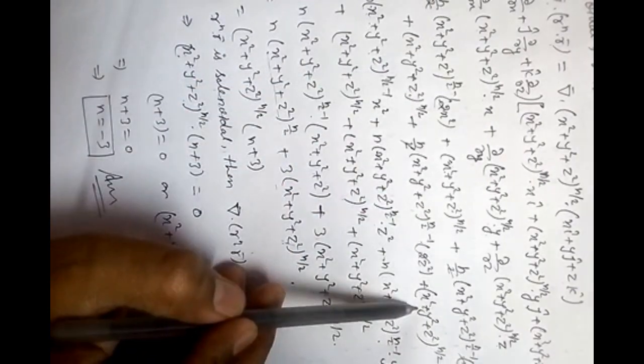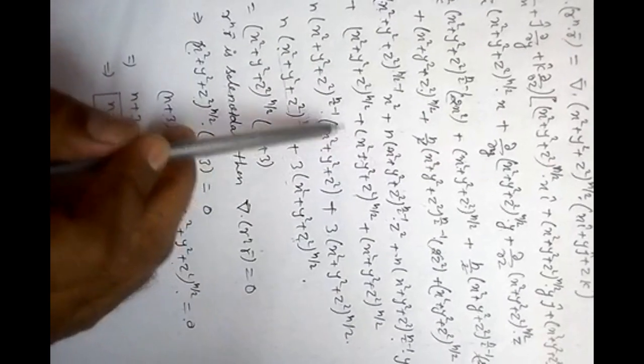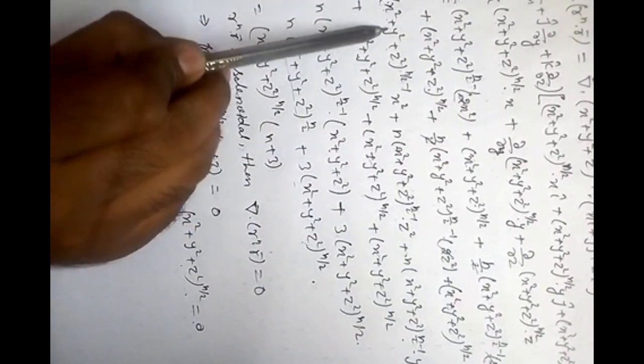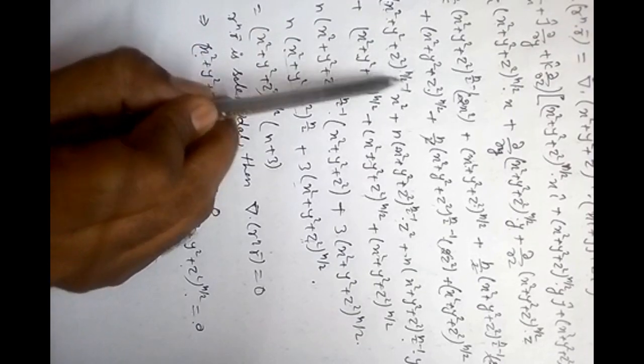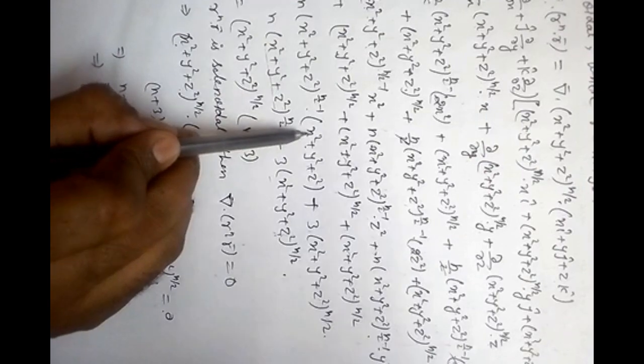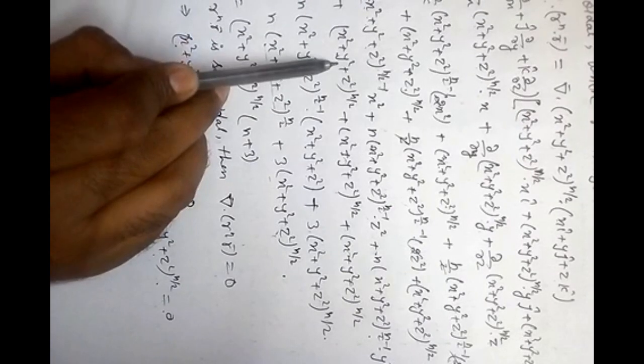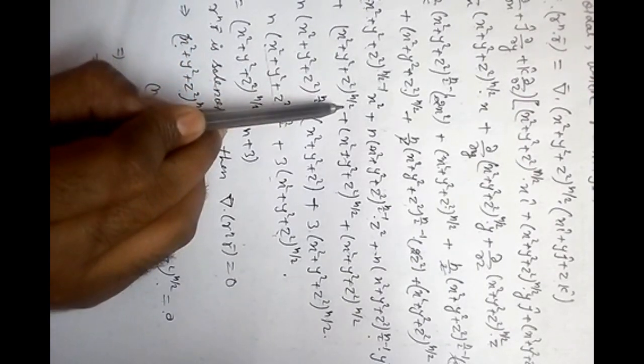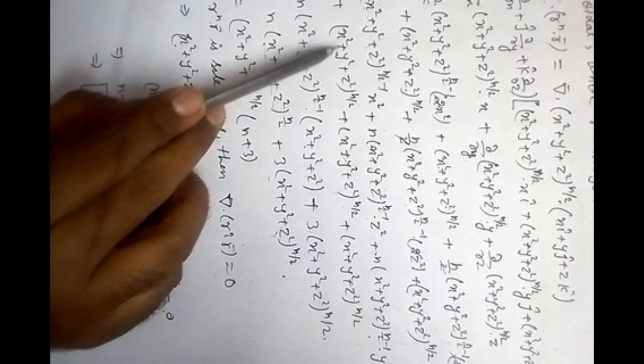Taking common (x² + y² + z²)^(n/2 - 1), with n, this term with this term and this term, then we get n (x² + y² + z²)^(n/2 - 1) times the remaining term (x² + y² + z²), and further (x² + y² + z²)^(n/2), this term same, this term with this term, that is 3 times (x² + y² + z²)^(n/2).